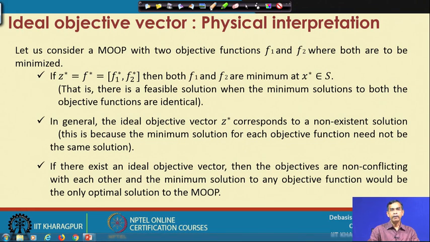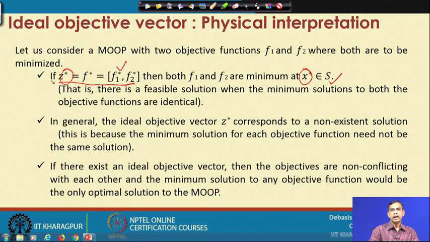If there is a solution, say f1 star, f2 star, then both f1 and f2 are minimum at x star, where the solution belongs to the search space. In general, this is the ideal objective vector. So, z star is an objective vector which is ideal.